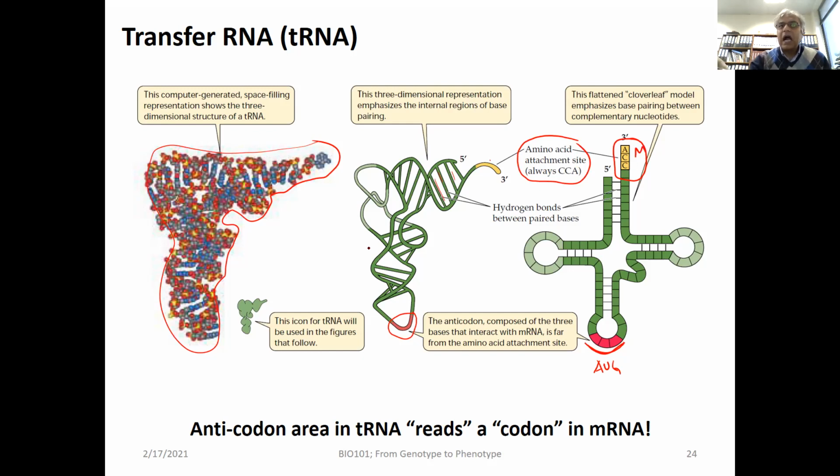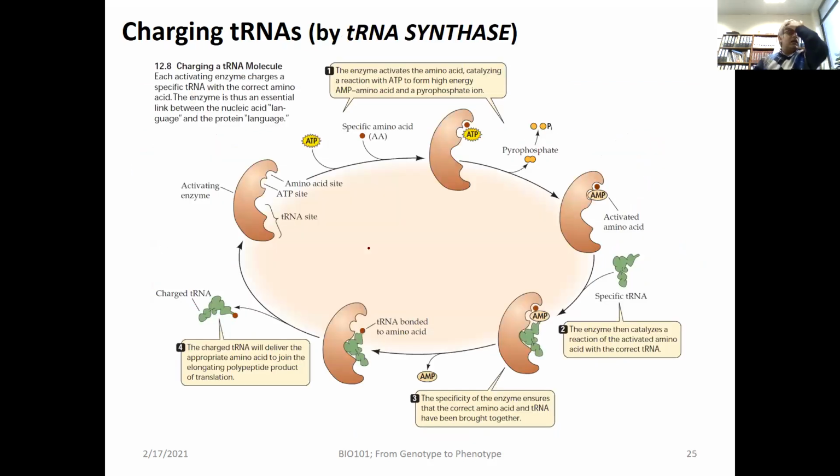How does it work? There is a tRNA activating enzyme. We call this the tRNA synthetase enzyme. With the help of ATP, this enzyme gets activated, it gets charged. Once this enzyme is activated, it brings in an activated amino acid.